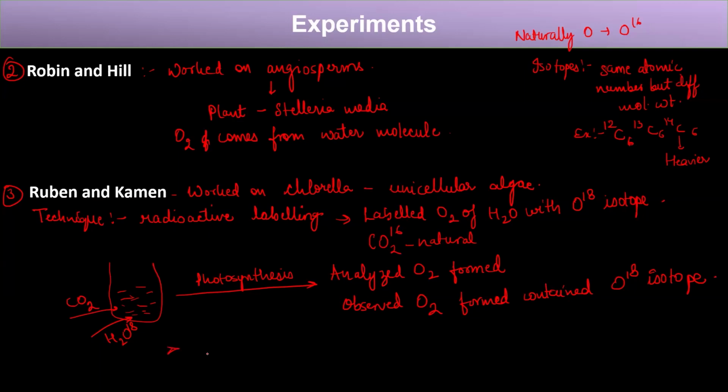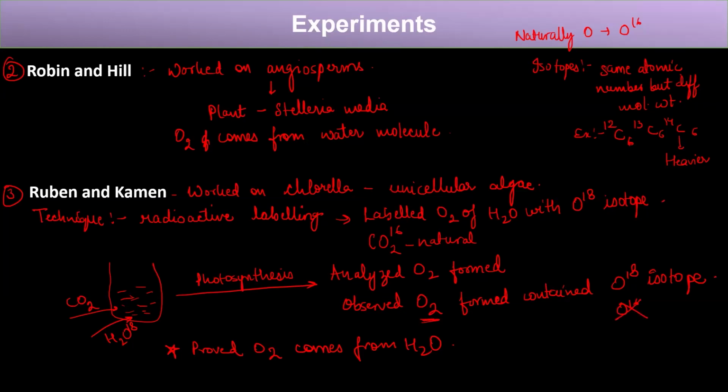And from this, it was proved that oxygen comes from water. Because if it had come from carbon dioxide, the oxygen formed here would have the normal isotope, O16, but this was not the case.